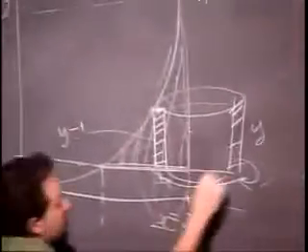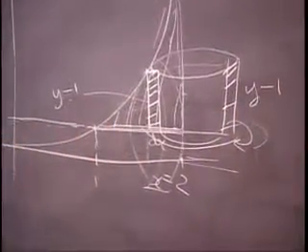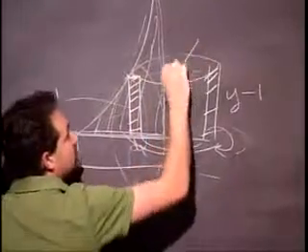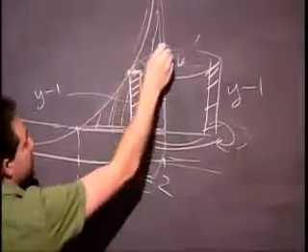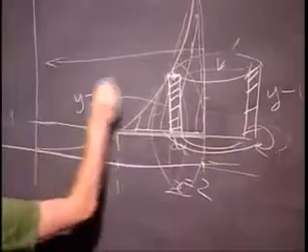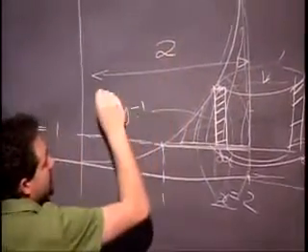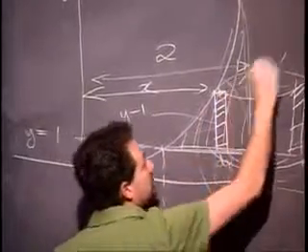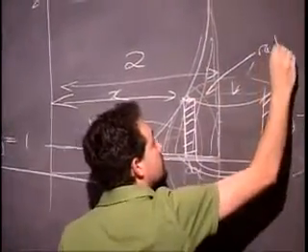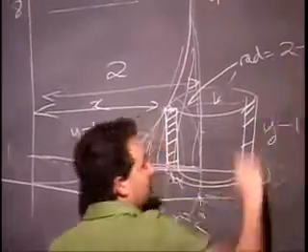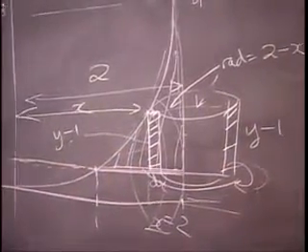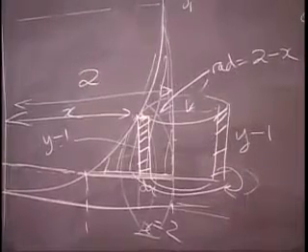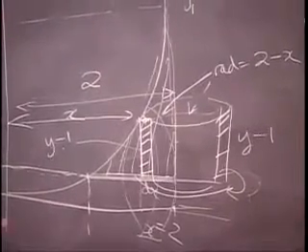Another way of seeing this is, as I say, this is y minus 1 as the height of the shell. And the radius of the shell, well, what is this? This distance here is 2, because x equals 2, whereas this distance is x. And so the radius of the shell equals 2 minus x. Again, variation 3 says replace x by x minus 2, except 2 minus x in this case is necessary.